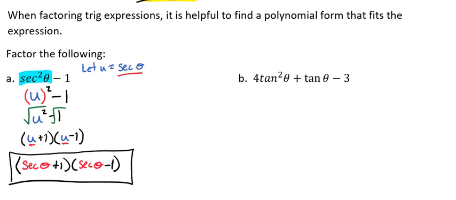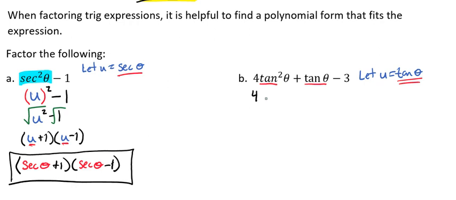Here we have 4 times the tangent squared of theta plus the tangent of theta minus 3. So in this case, we want to let u equal the tangent of theta. So we want to take each of our tangents of theta and replace them with the u.